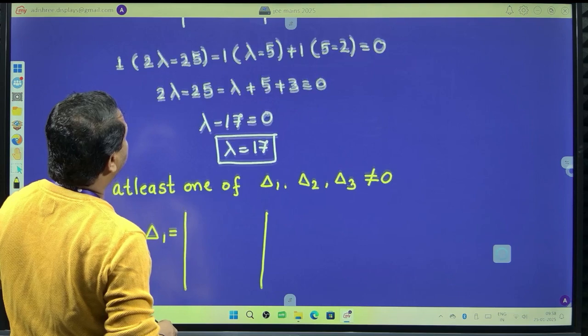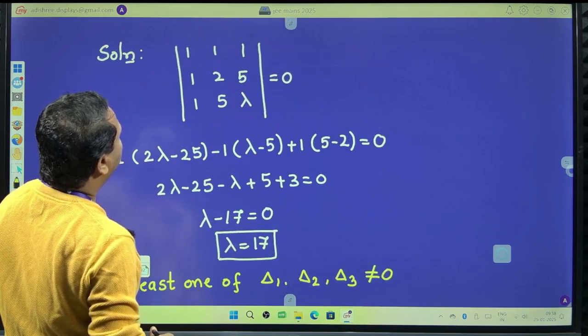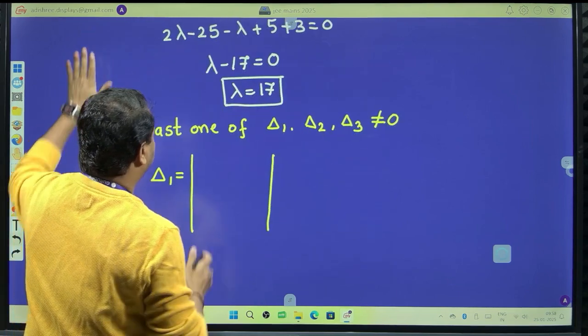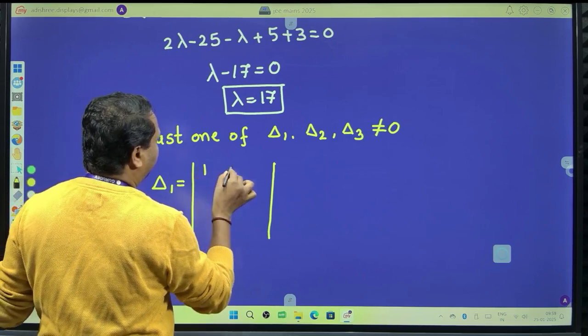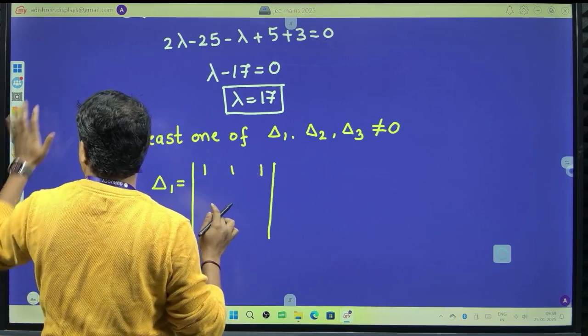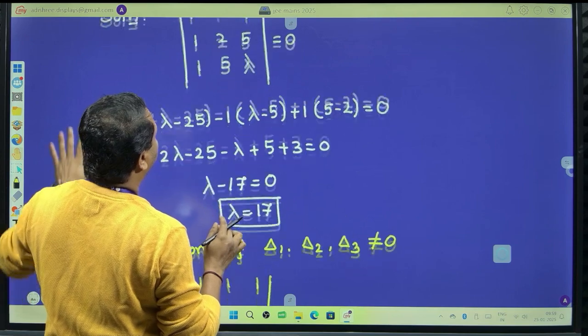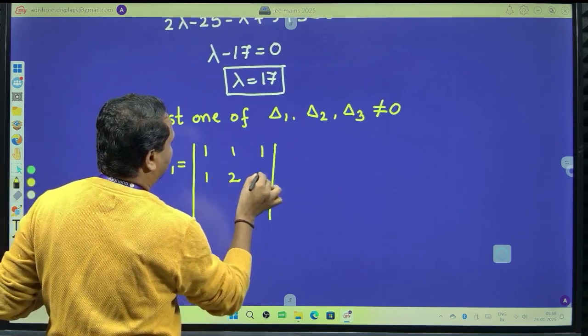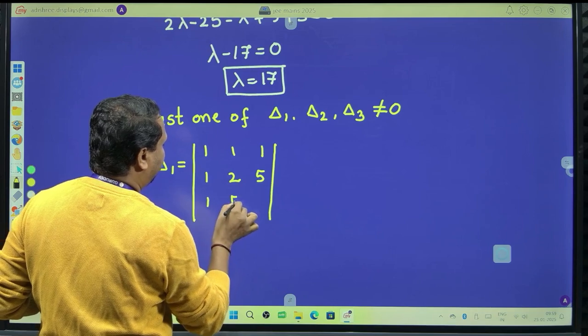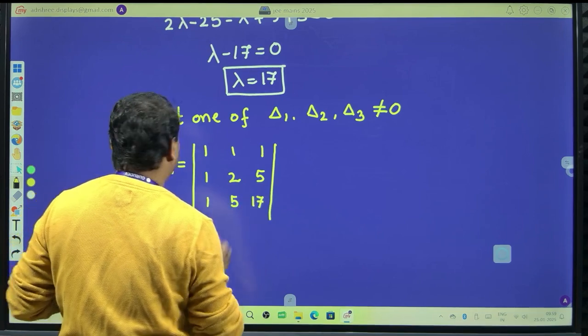So let me consider the determinant. See, what we have is the determinant 1, 1, 1, the next 1, 2, 5, and 1, 5, lambda. Lambda is nothing but 17, right?